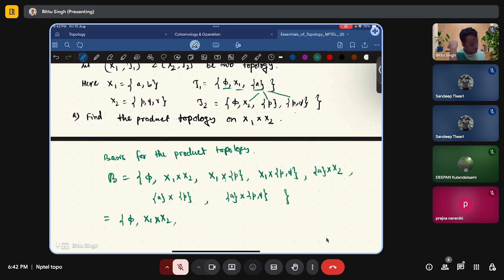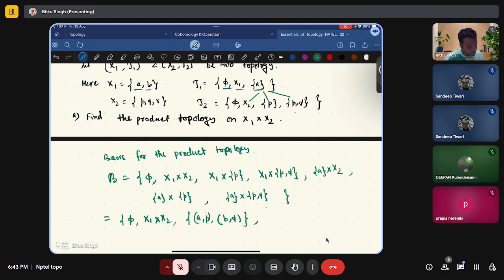Let us see x1 cross p. x1 cross p will be of this form, a comma p. Similarly, x1 has two elements a and b. We are crossing with p, so there will be 2 points, a comma p and b comma p. Those are not intervals, those are coordinates, that is tuples.